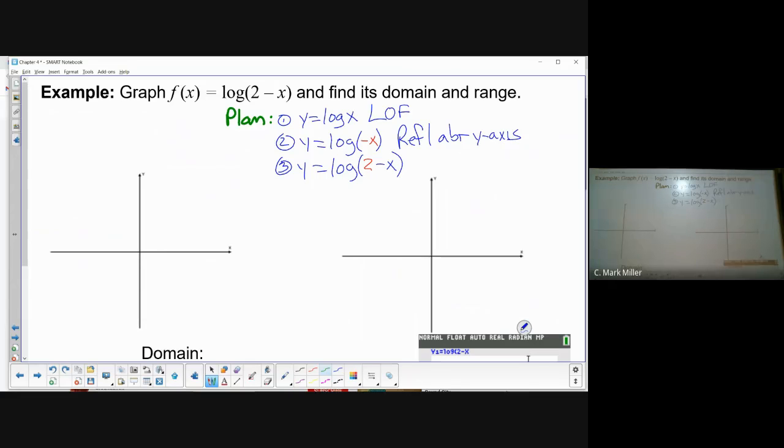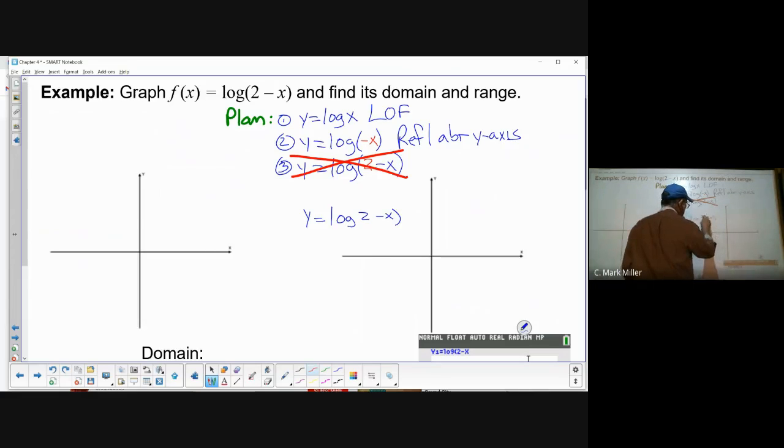So this, now, let's back up. We have log of negative x. What do I need? Down here, eventually, I need y equals log of 2 minus x. That's what I eventually need.